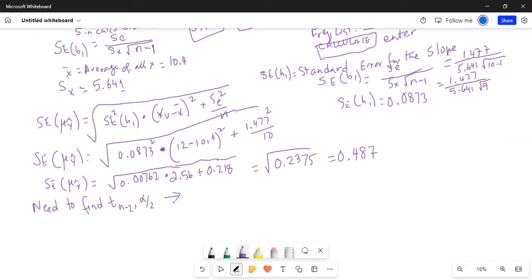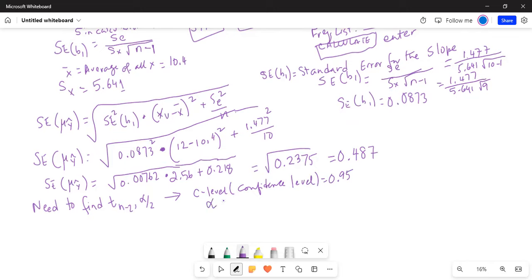Now the C level, or confidence level, is equal to 0.95.